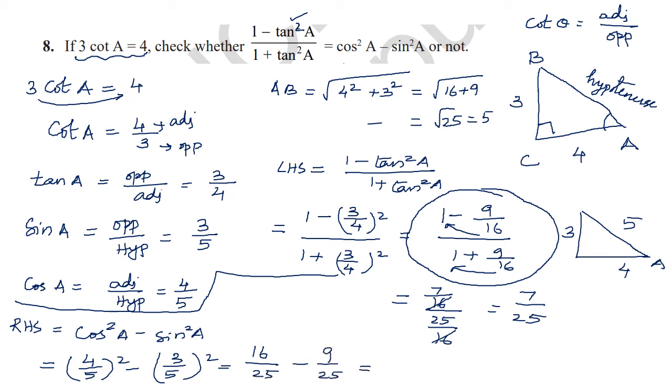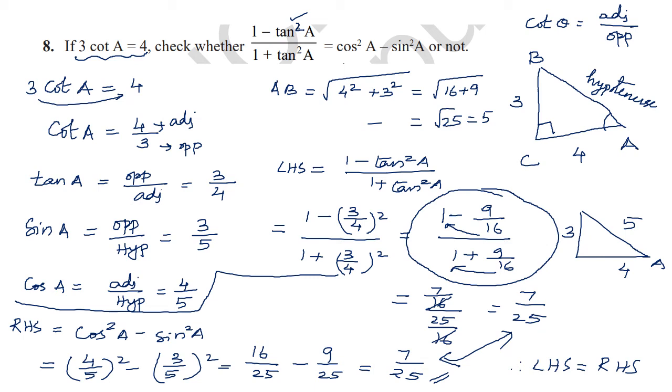Denominators are same, so 16 minus 9, 7 by 25. Both are same. Therefore, LHS is equal to RHS, or you can say that 1 minus tan square A by 1 plus tan square A is equal to cos square A minus sin square A. Do you get me?